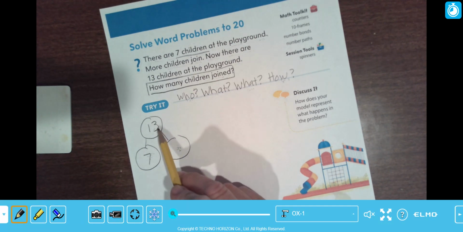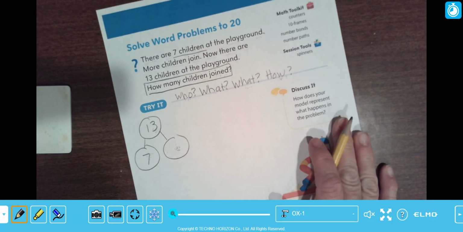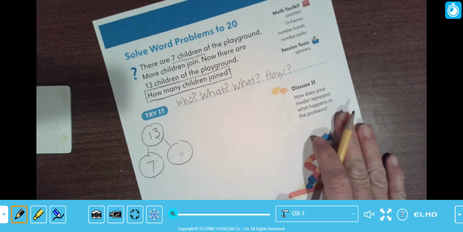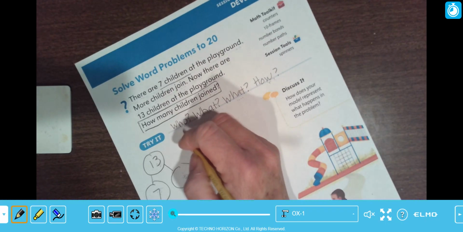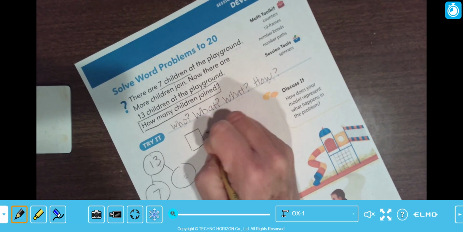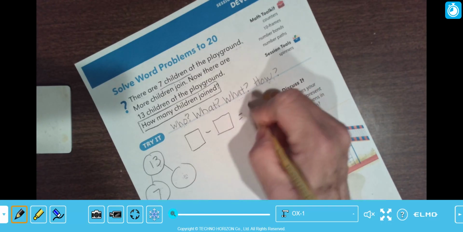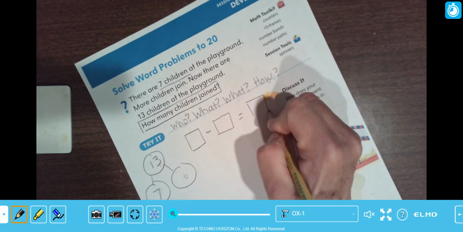So in order to find this answer, if your answer is getting smaller, what do you need to do? Do you need to add or do you need to subtract? Yeah, you're going to need to subtract. So you're going to say this number minus this number is equal to the answer, the missing number.